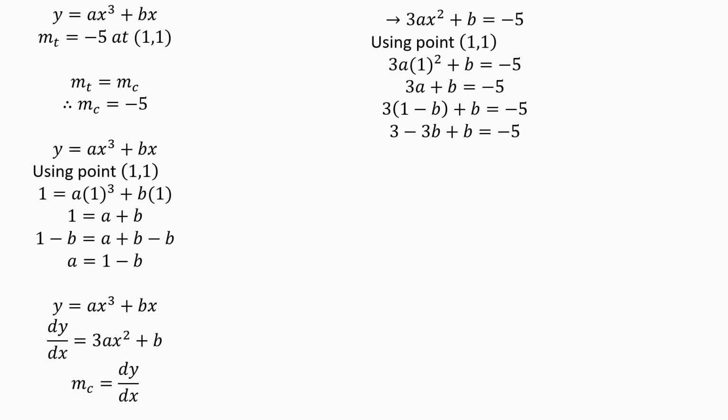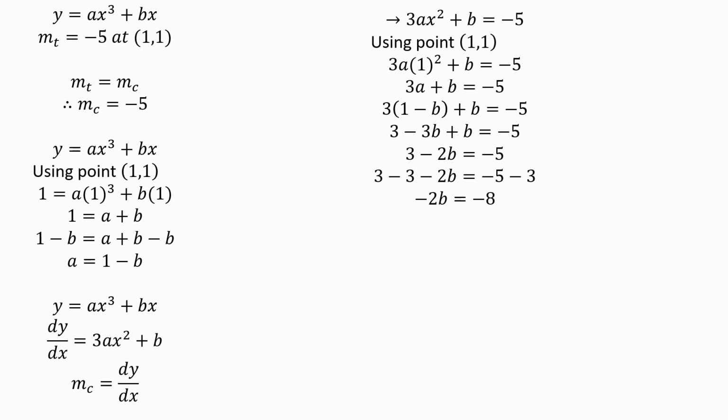We put the like terms together, we shall have 3 minus 2b equals negative 5. To remain with b on one side, we have to subtract 3 on both sides. So we have 3 minus 3 minus 2b equals negative 5 minus 3. And we are left with minus 2b equals negative 8.